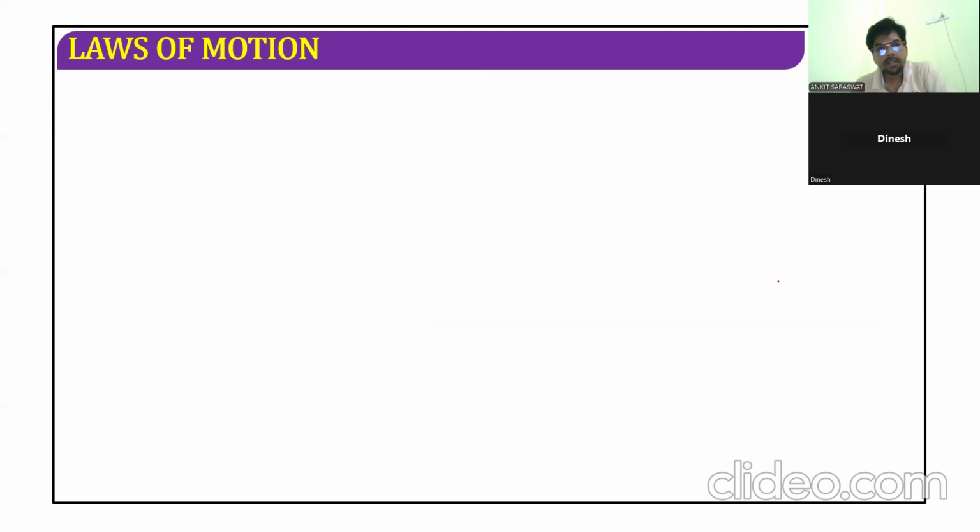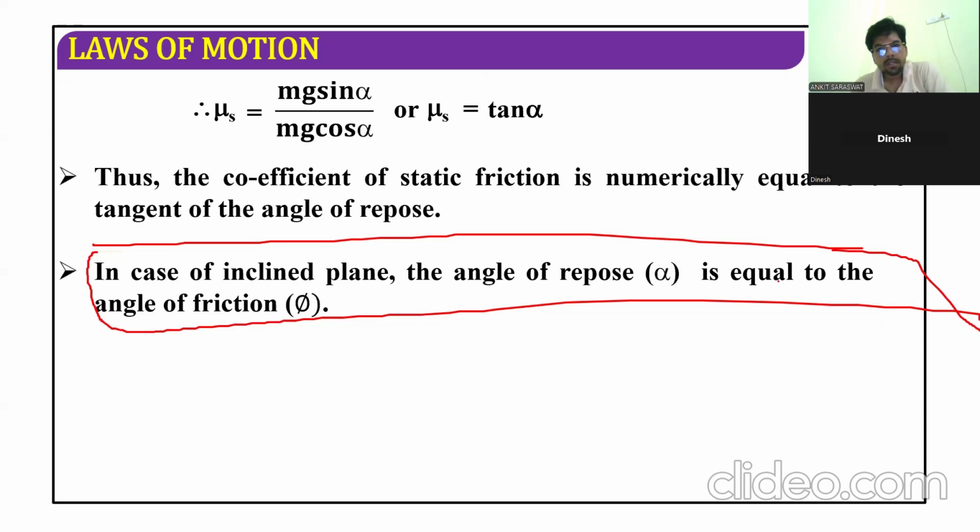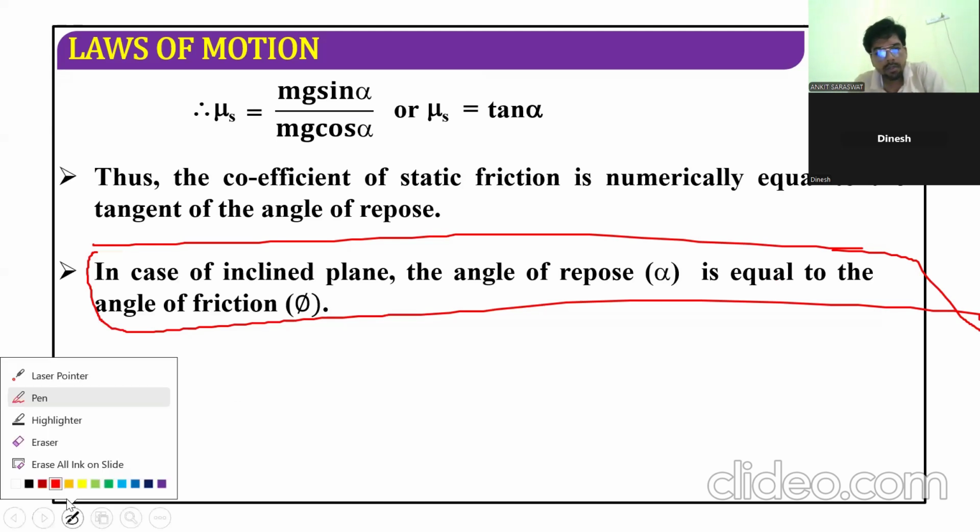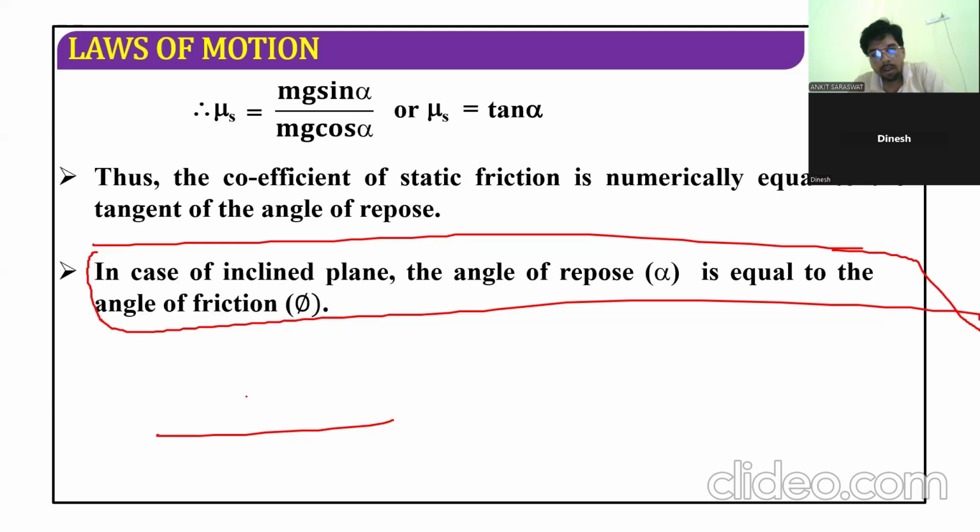Sir, when the body slides, alpha is equal to theta, that's correct, no, sir? Actually, in an inclined plane, see, if the surface is not inclined, then FL will be this, normal will be this. This is the angle of friction. If the surface is not inclined and the block is placed like this, this is FL, normal is this, this is the weight.